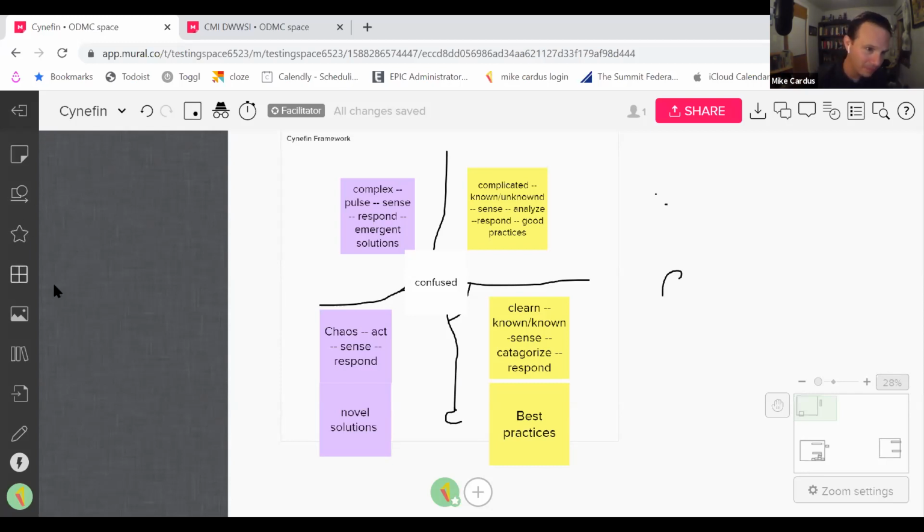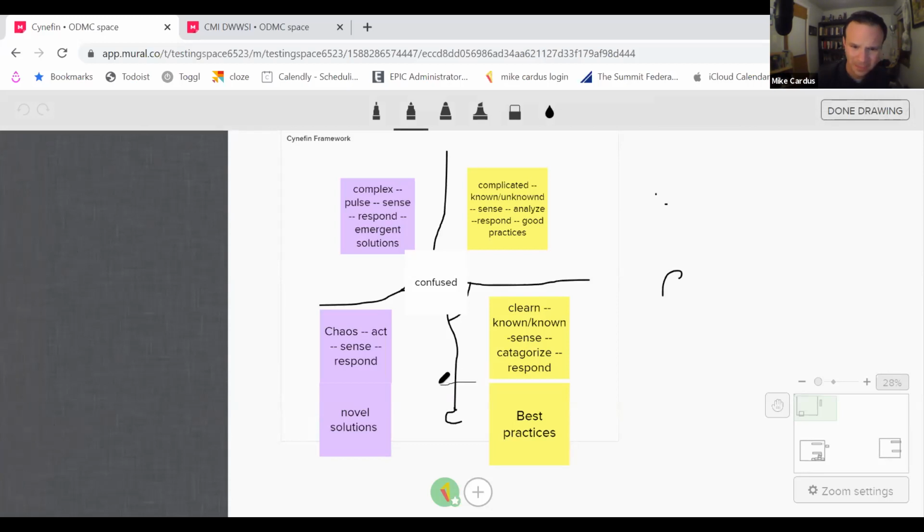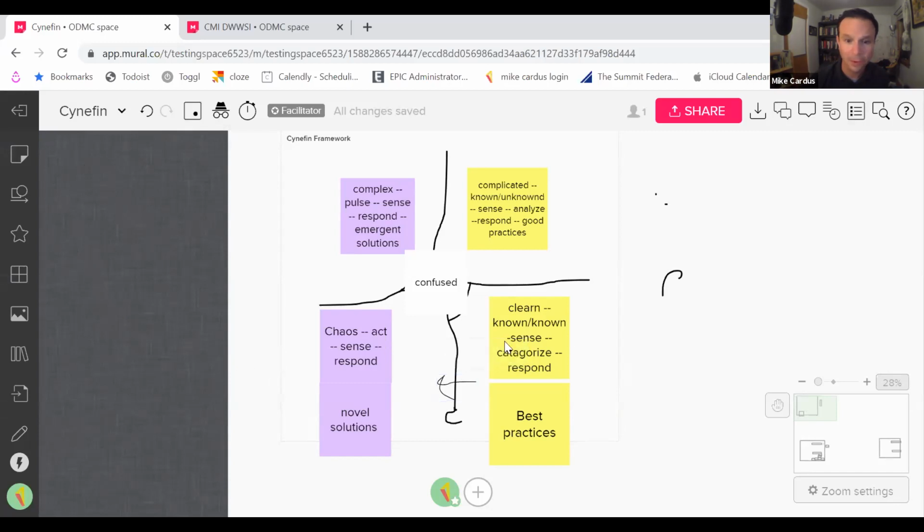If I can get my drawing out here, you fall here. We call it the cliff, and when you fall off the cliff, that's the oh no moment where suddenly everything falls apart.